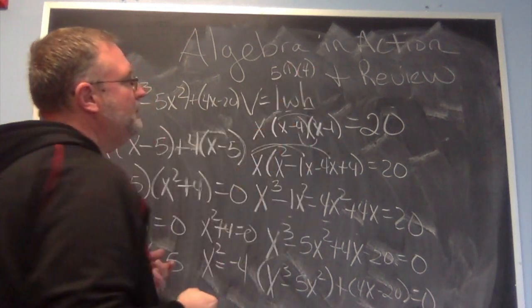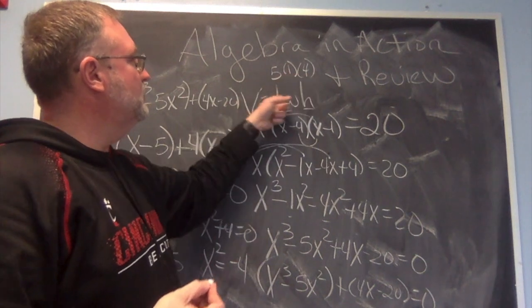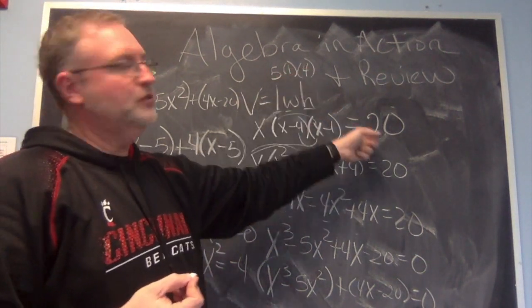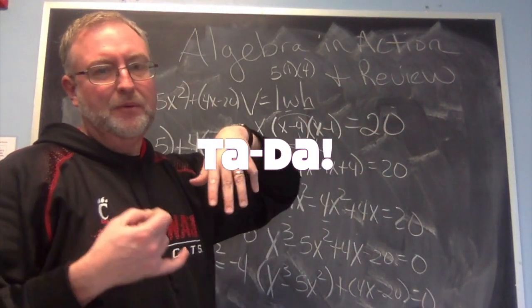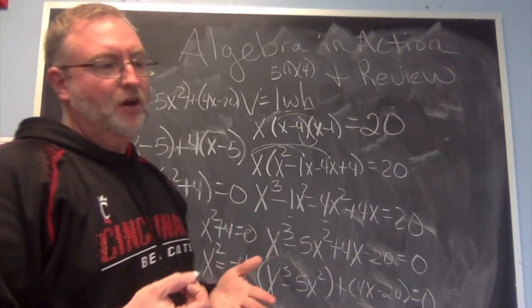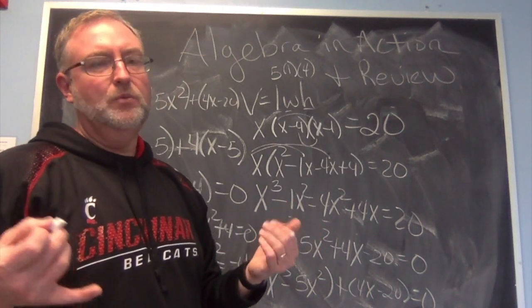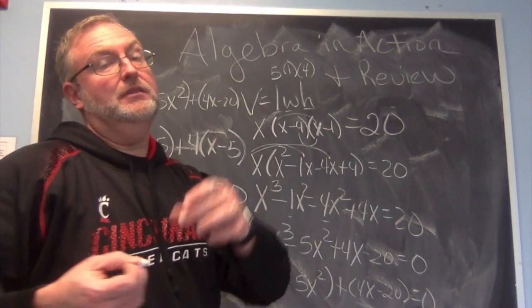And so now I should have this equal 20. 5 times 1 is 5, 5 times 4 is 20. So even though they just told me the whole volume is 20, if they ask what is the width, the length, and the height, I'm able to solve that using algebra.